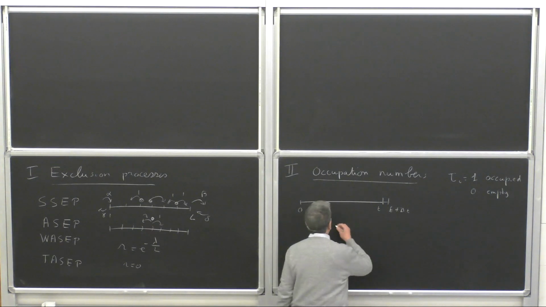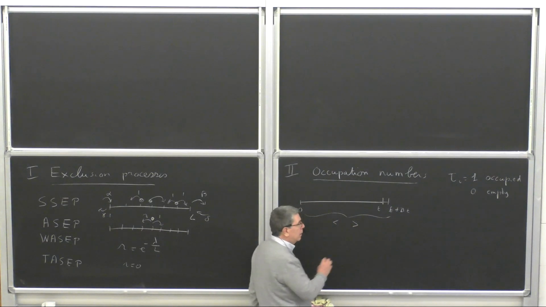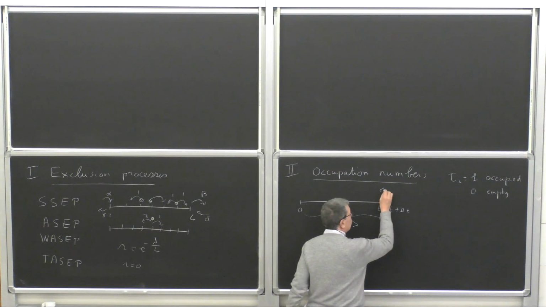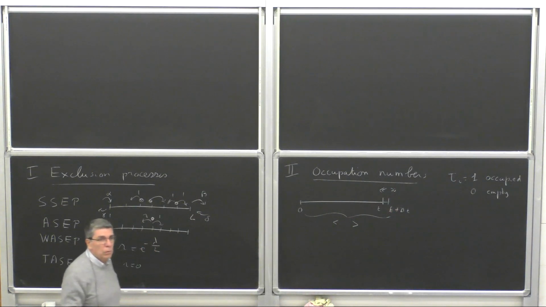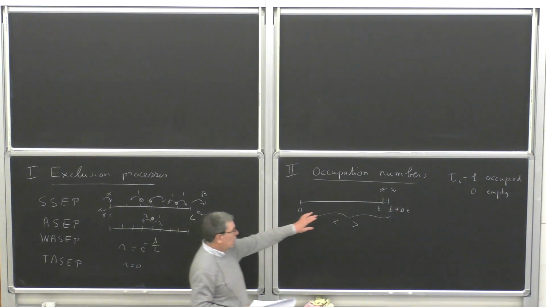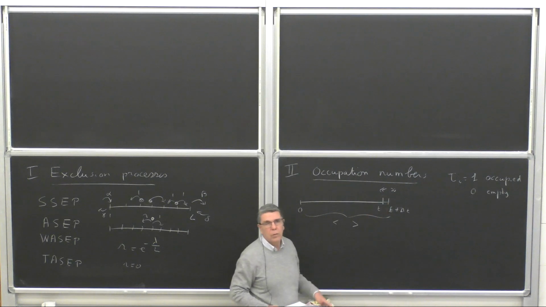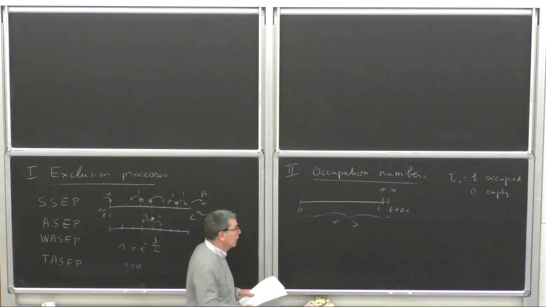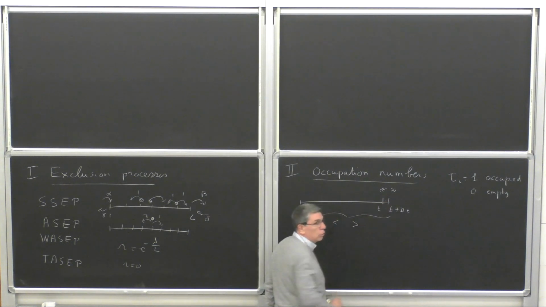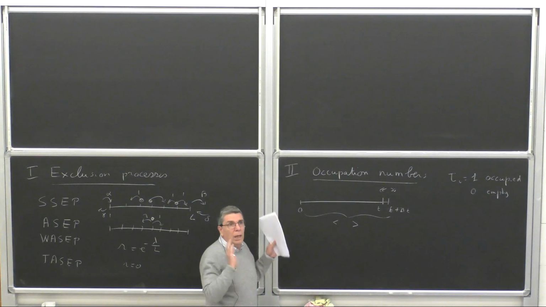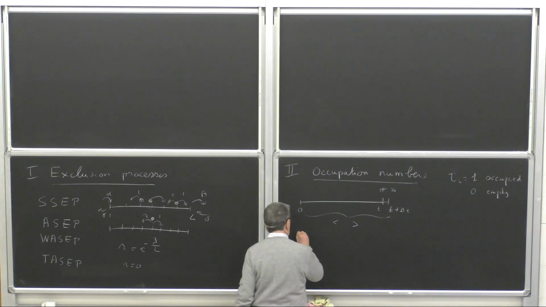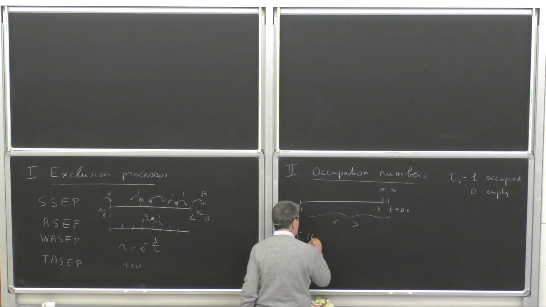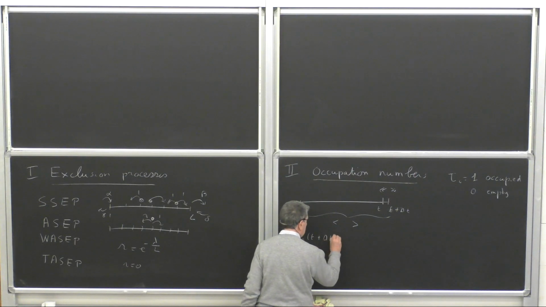When I do an average, I write it like this, and when I want to average over what happens at the very last moment, I use these double brackets. So first I want to average over this. This means that I know the configuration at time t, and I want to know what tau_i is at time t plus delta t.